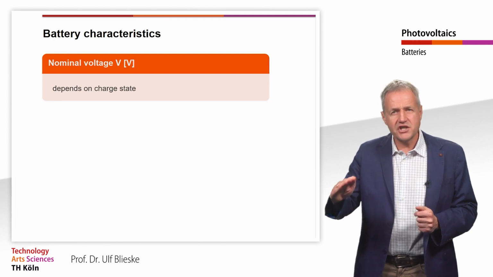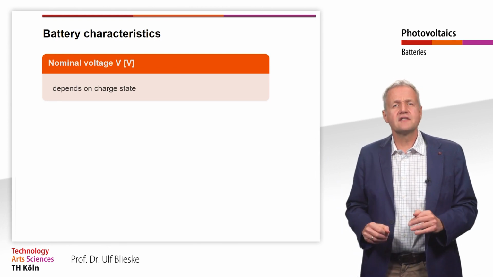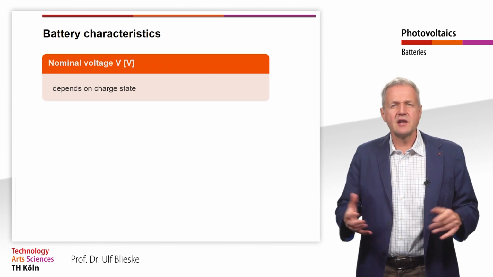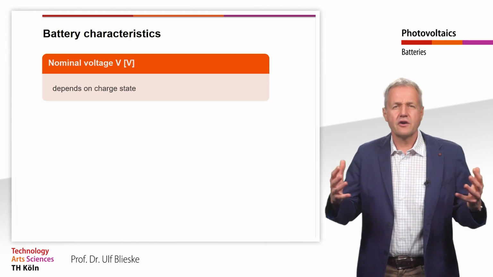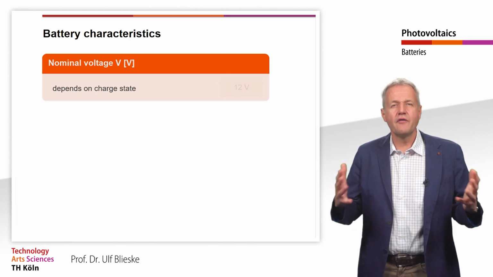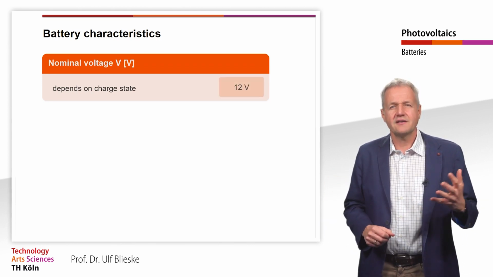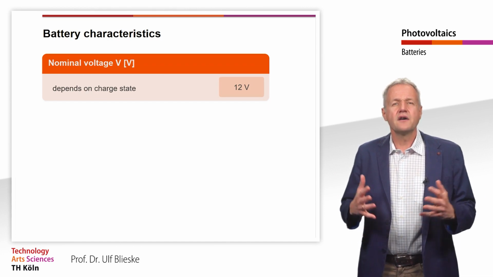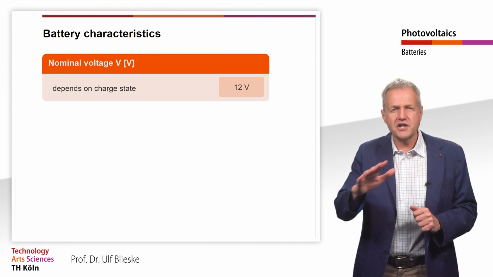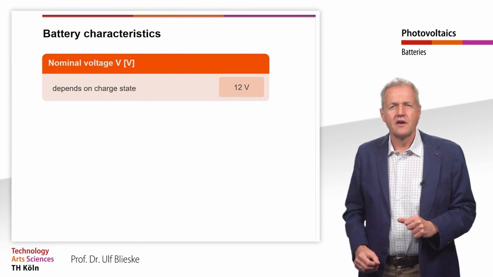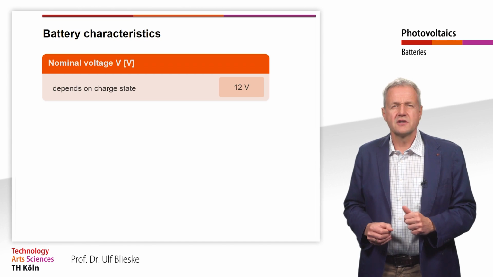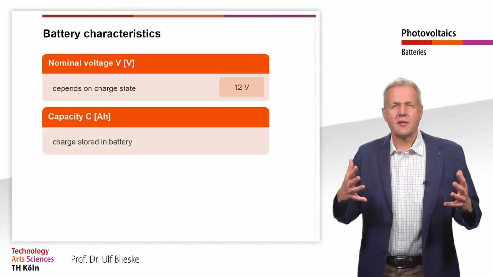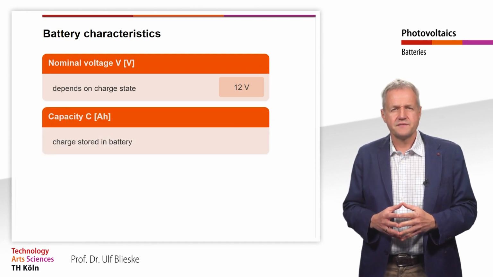As it discharges, the voltage then slowly decreases and eventually becomes lower than the nominal voltage. For further consideration, we will assume a voltage of 12 volt as an example. A certain amount of electrical charge is stored in the battery, which can be delivered to the consumer at a nominal voltage. This is the capacity of the battery.